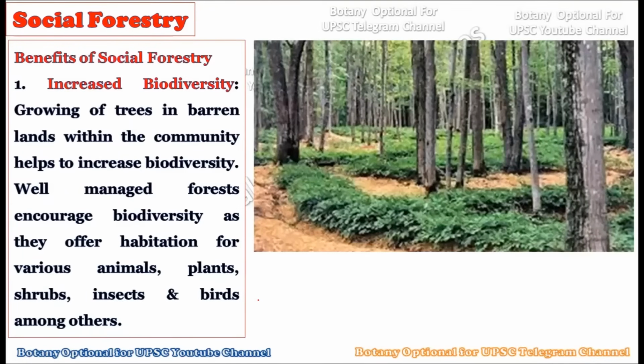Okay, how it benefits the environment, how it benefits in relation to global warming, how it benefits the local people. Okay, now the very first advantage of it is increased biodiversity. Now this is common sense. Once we plant the trees to create the forest, this forest will ultimately have many plant species. Okay, the small plants can grow on the ground, the large trees can grow in the air, and these large trees will have timber production out of it, or it may give some other economic forest product.